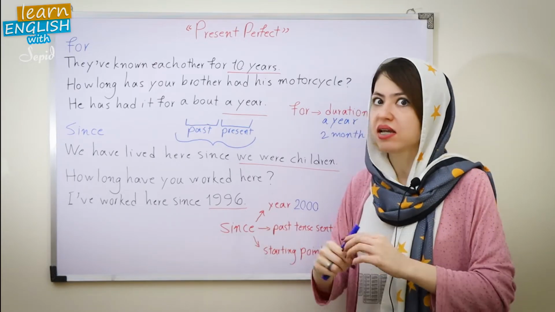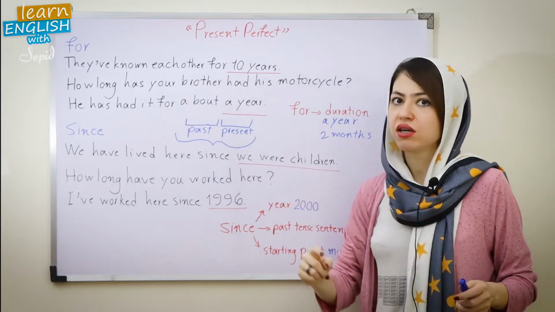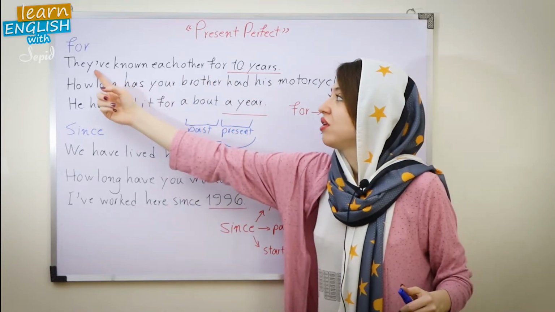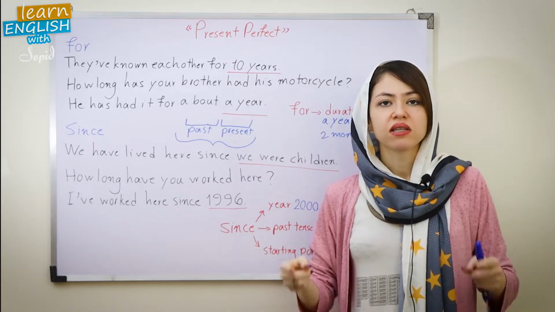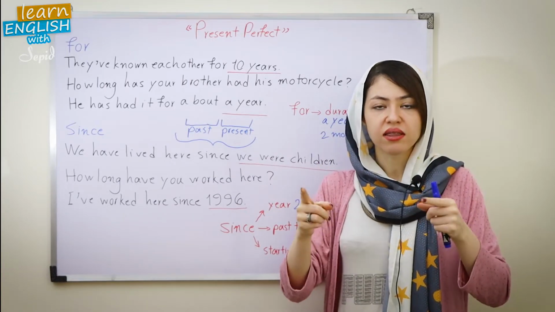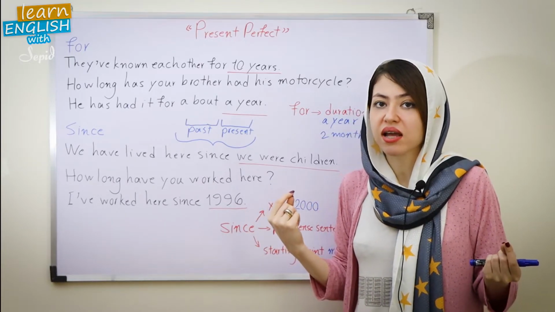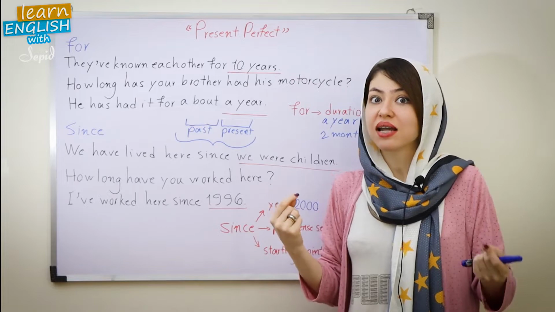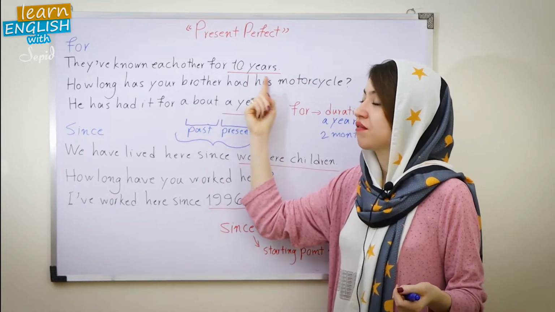So take a look at the examples here. They have known each other for 10 years. They've known each other for 10 years. We understand that they have known each other for 10 years, but we don't know when it started or when it is gonna finish. So we should use present perfect.